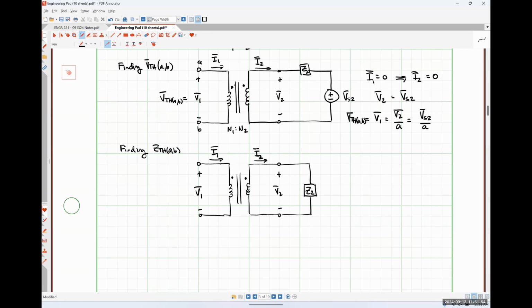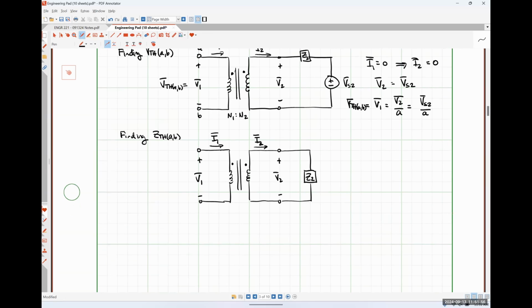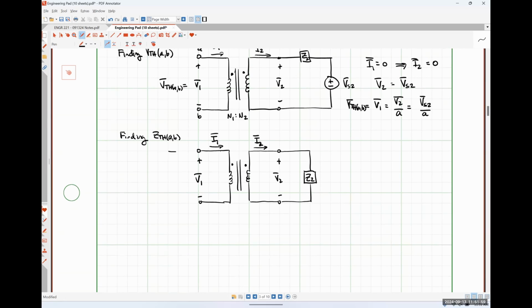All right, so let's throw a test source over here. And let's just call this V test. And so we're looking for I test, and our Thevenin equivalent impedance will just be the ratio of V test to I test.